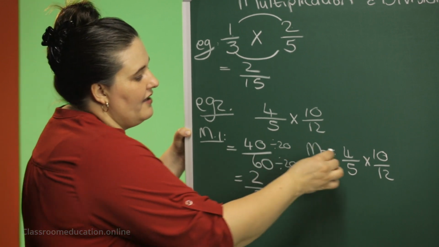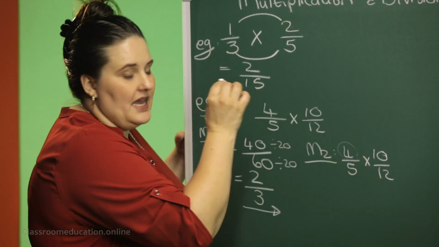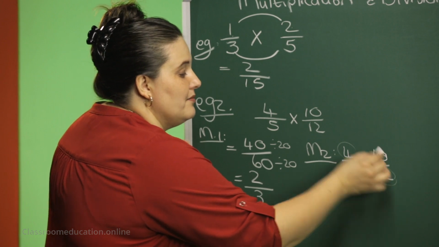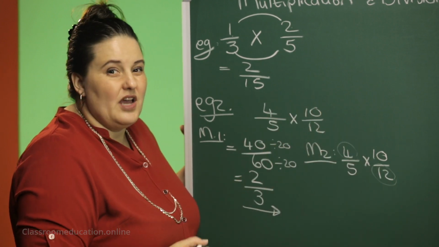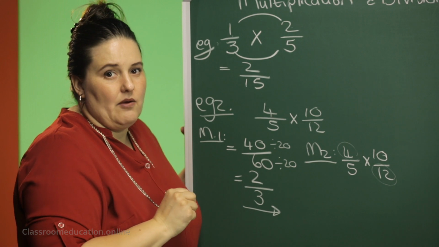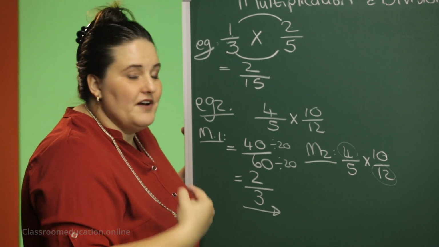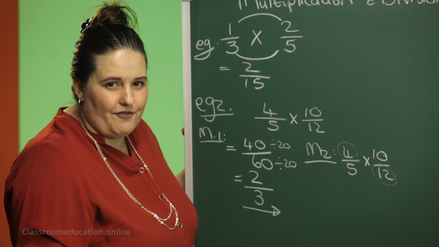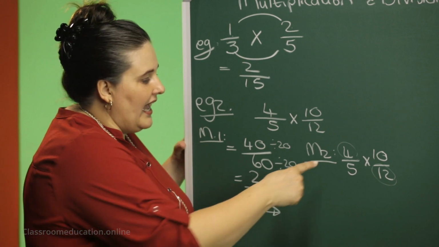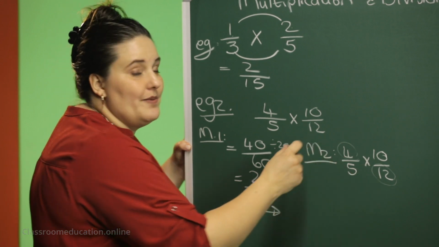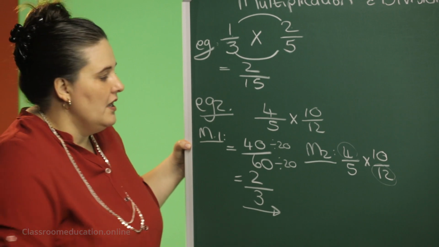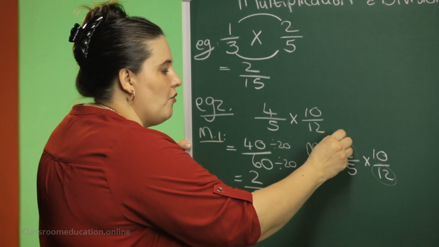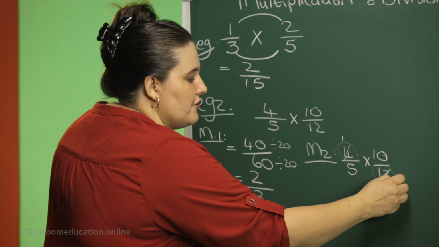Meaning, I have a 4 in my numerator and a 12 here in my denominator. So I'm simplifying now. I am dividing both of them by the HCF, and the HCF of 4 and 12 will be 4. So 4 can go into itself once and into 12 3 times.